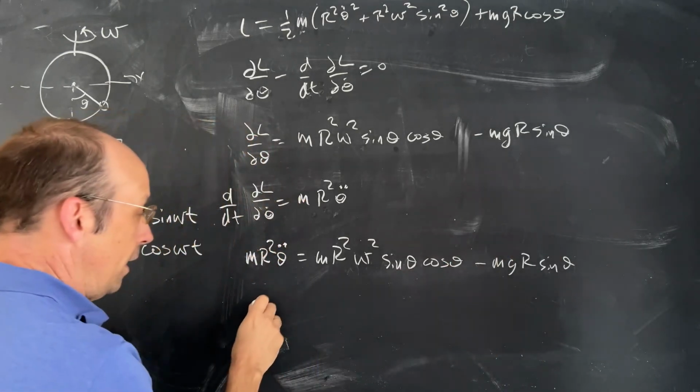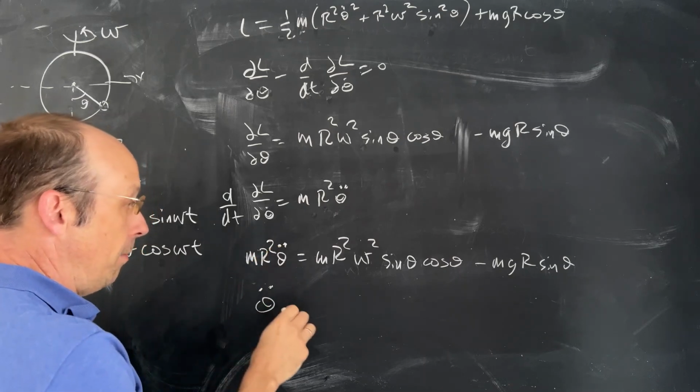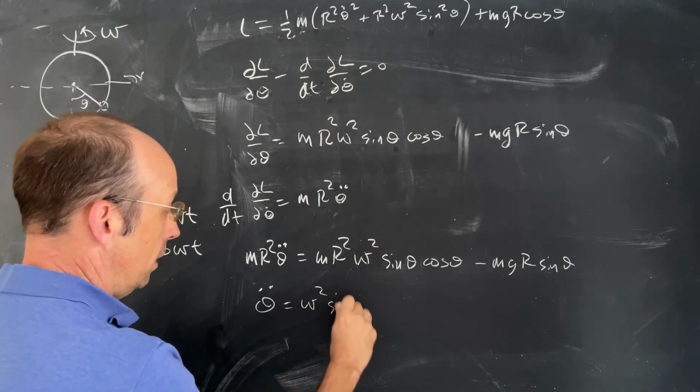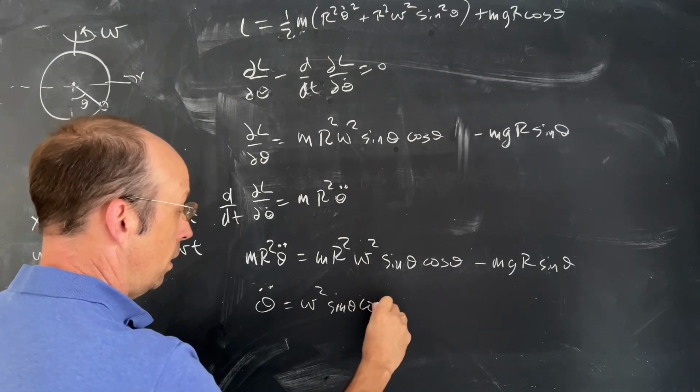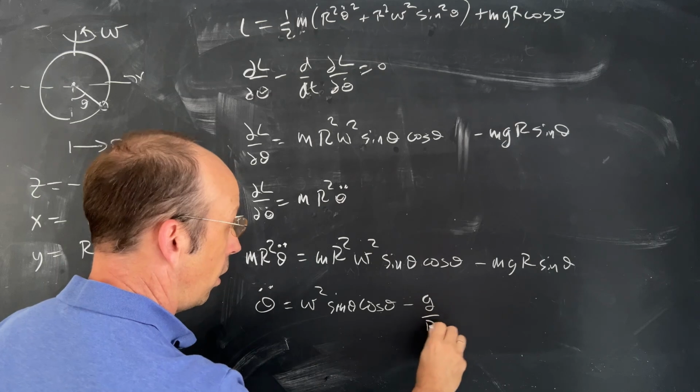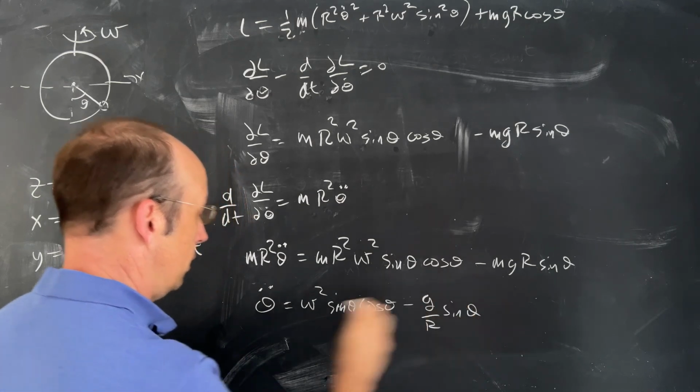And I want to solve for theta double dot. Divide both sides by m r squared. So I get omega squared sine theta cosine theta minus g over r sine theta.